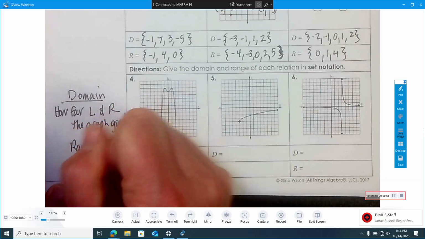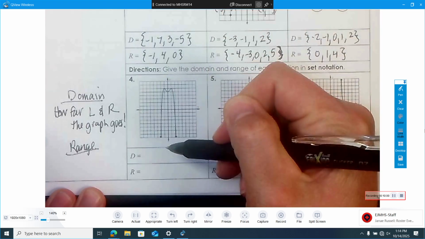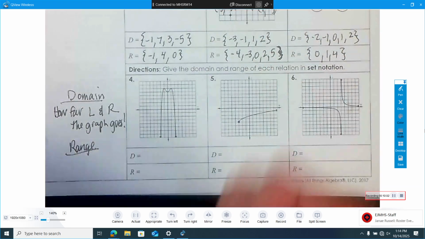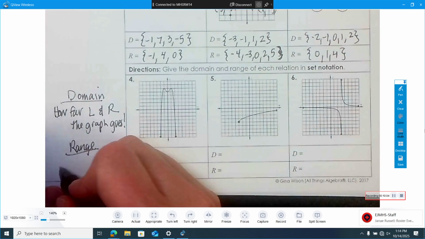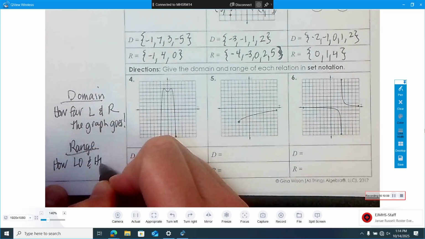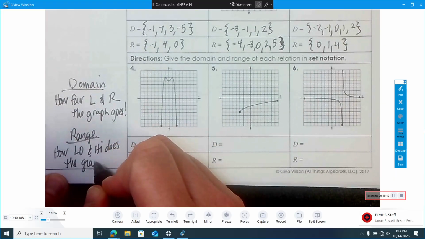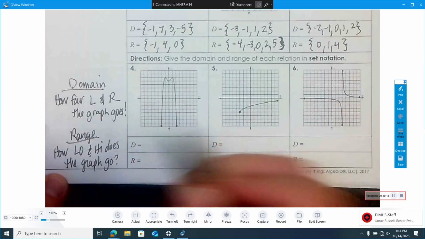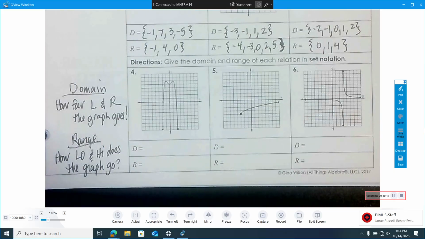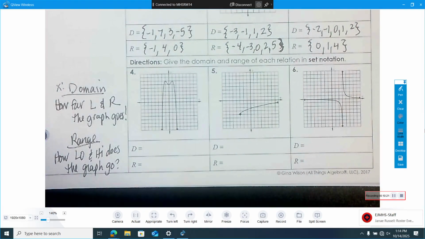Range is the y values. Our y-axis goes up and down. So if we're asking, hey, what's the range? Then the range is how low and how high does the graph go. All right? So domain refers to the x-axis. You can think like the x-axis goes left and right. So how far left and how far right?